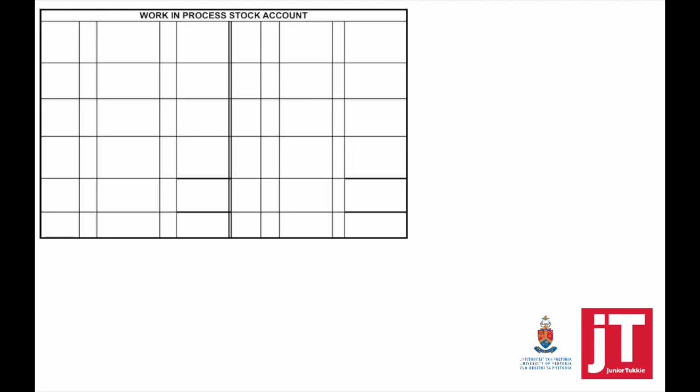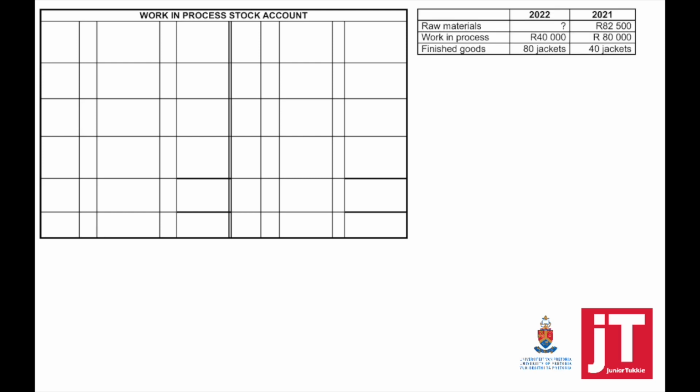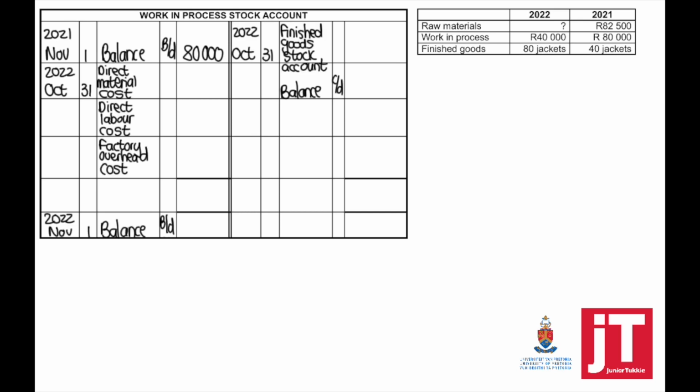My work in process stock account, we always have on the debit side, the balance brought down. They provided it to me, 80,000. This account will always have direct material cost, direct labor cost, factory overhead cost on the debit side.